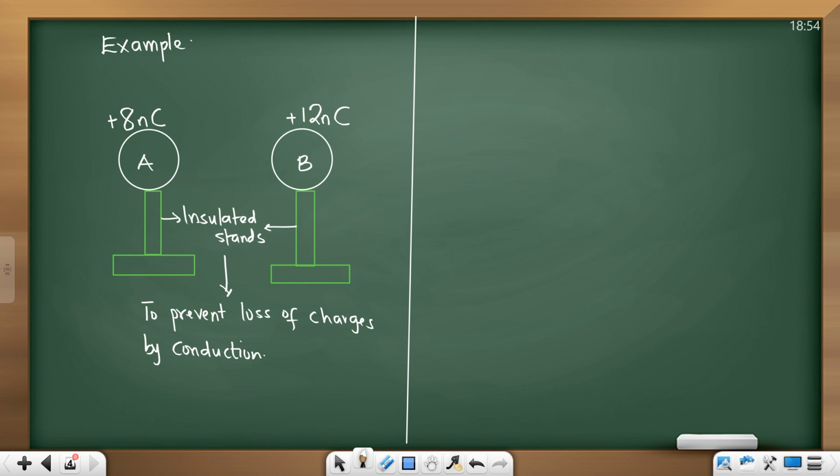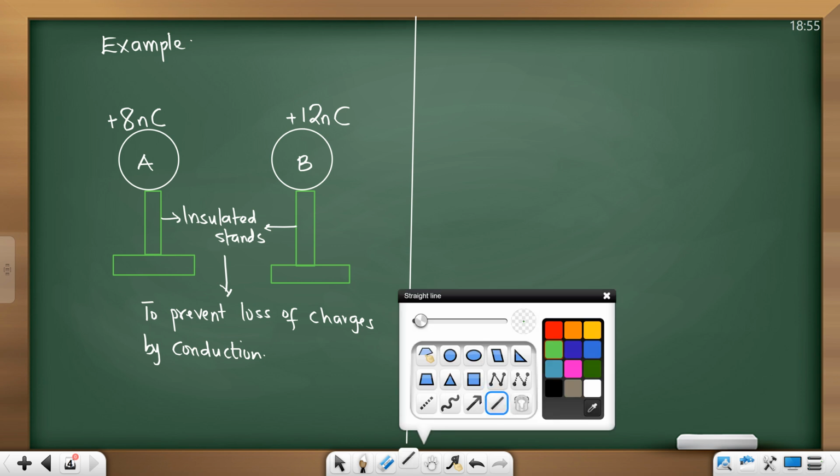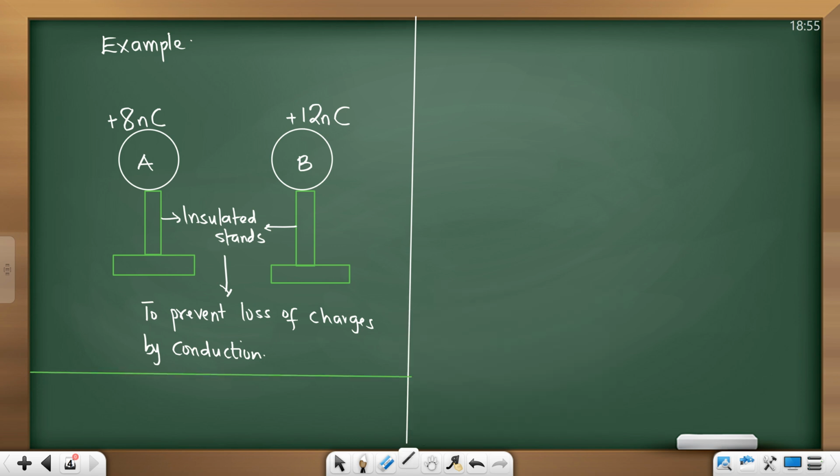I want to ask you a question. These spheres, A and B, are brought in contact and separated. Here's my question.